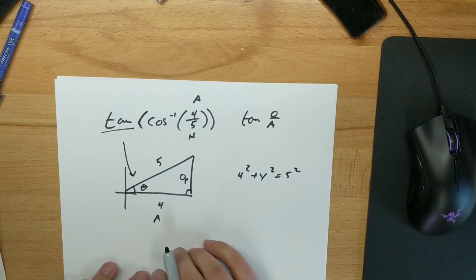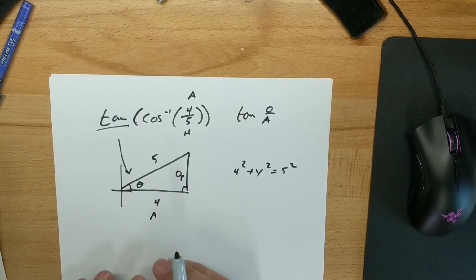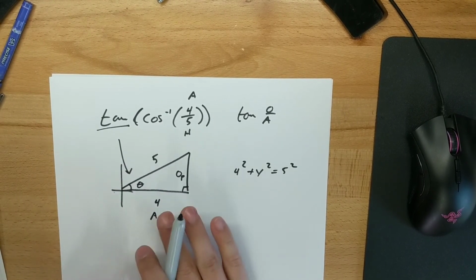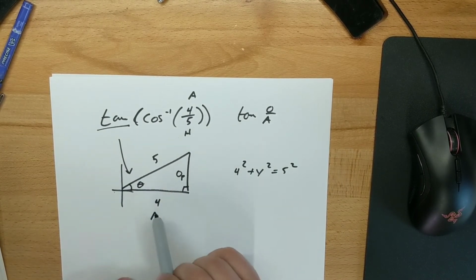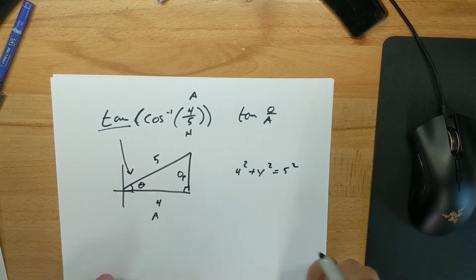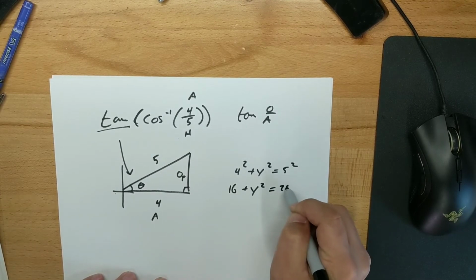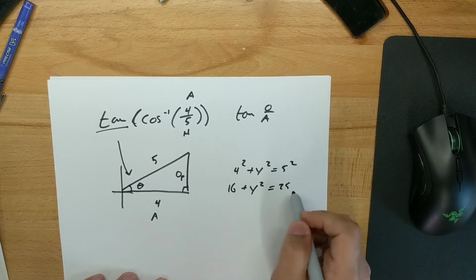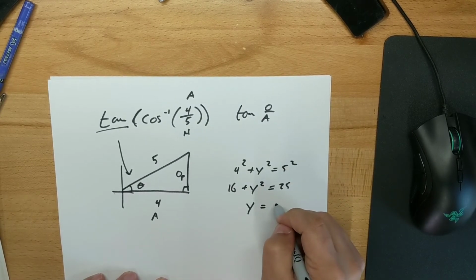And hopefully you're recognizing this as a Pythagorean triple, a 3, 4, 5 triangle. If not, not a big deal. We'll look that up. It's fine. There aren't very many perfect number combinations that work for Pythagorean, and 3, 4, 5 is one of them. So 16 plus y squared equals 25. If you subtract and you take a square root, you will find that y is equal to 3.